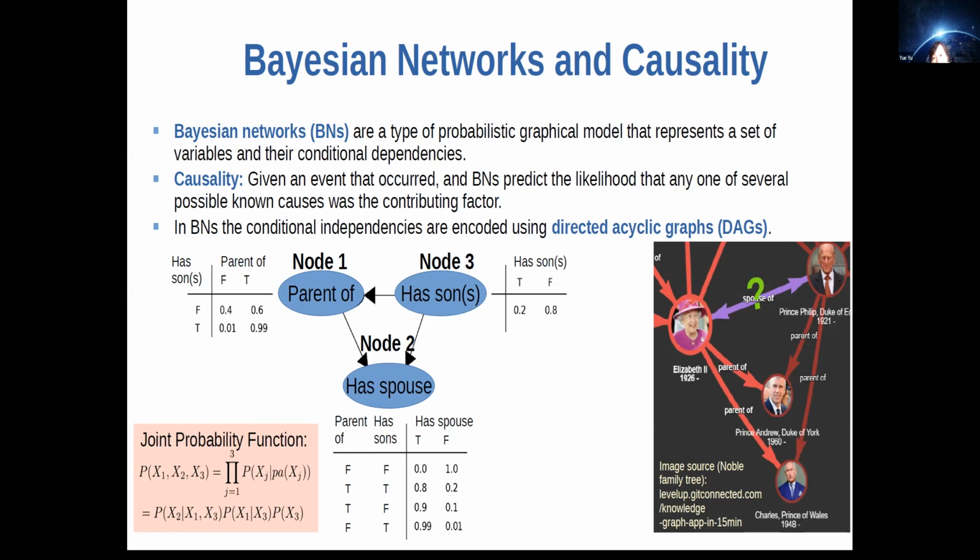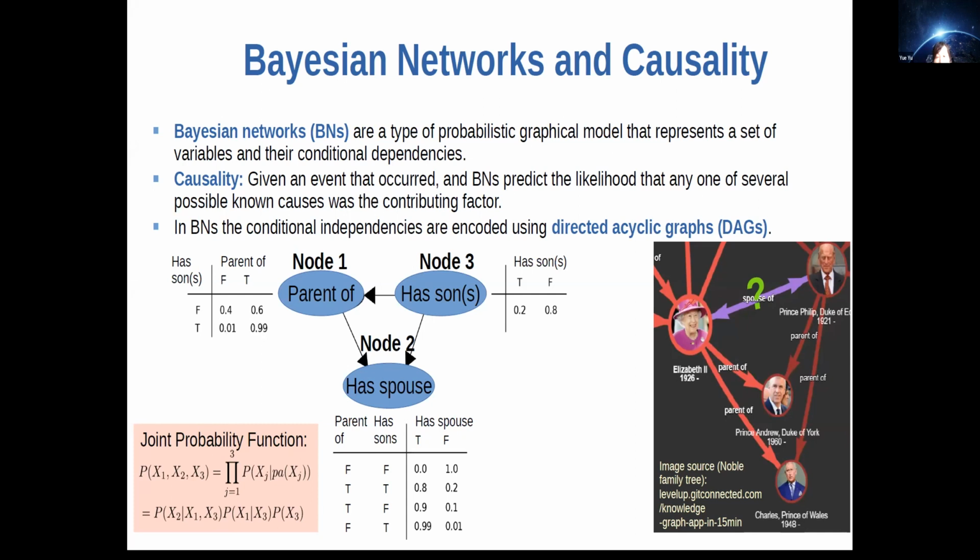But how does this relate to what we are trying to do? How can we get a mathematical model from there? We can represent each event, such as Elizabeth is the parent of somebody, Elizabeth has sons, Elizabeth has a spouse, as different nodes.